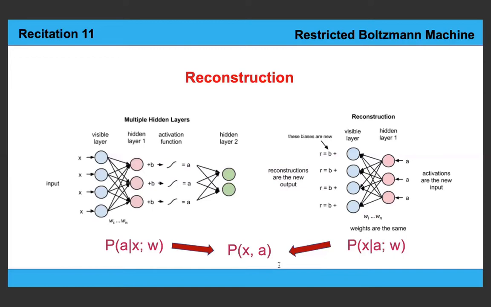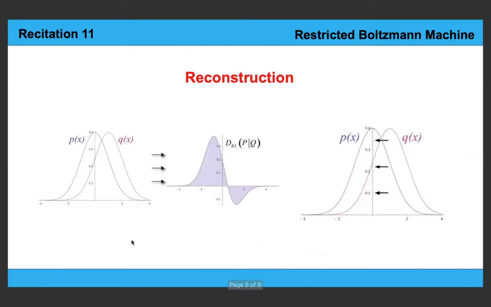So let's imagine that both the input data and the reconstruction data follow a normal distribution. It may look like this. And we actually want the two probability distributions to get as close to each other as possible.